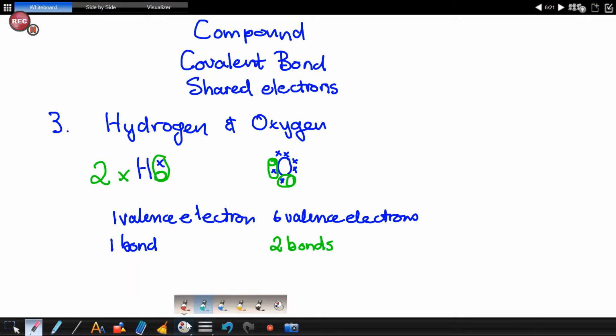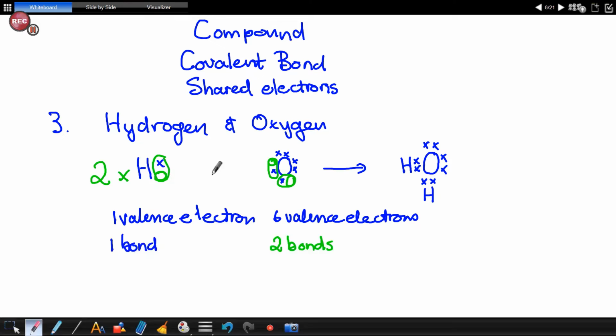To use the Lewis structure, we put the oxygen down, we repeat its electrons, and here where oxygen had 1 electron, it shares with hydrogen. Here where oxygen had 1 electron, it shares with hydrogen.